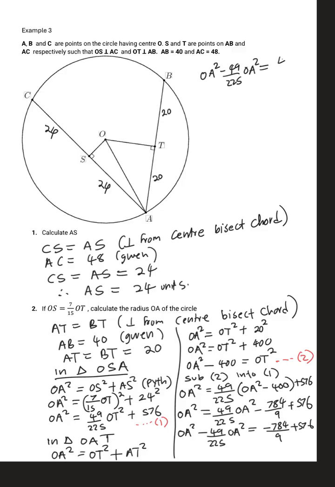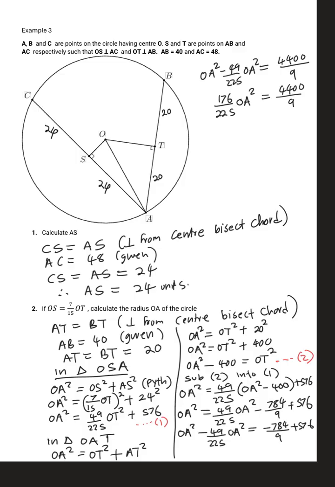So here we have OA squared minus 49 over 225 OA squared, which is the same as saying 1 minus 49 over 225, so we'll have 176 over 225 OA squared is equal to 4,400 over 9.